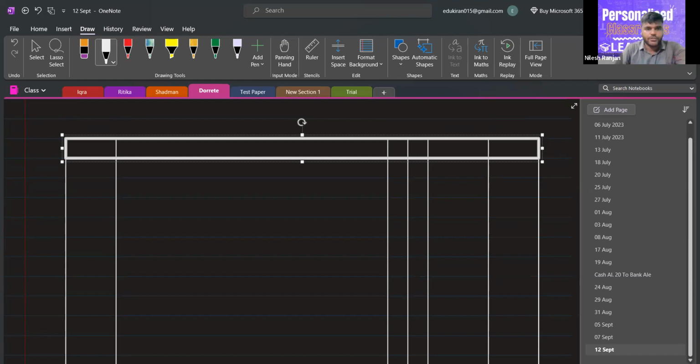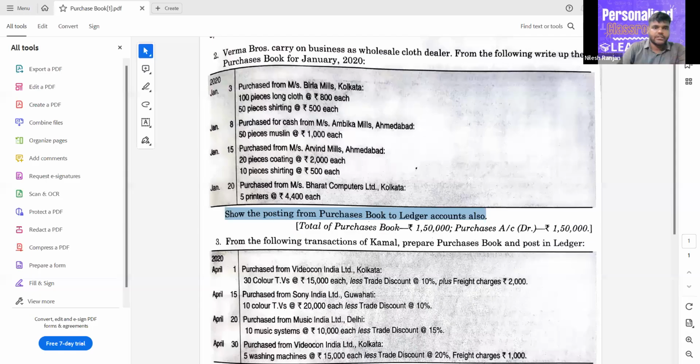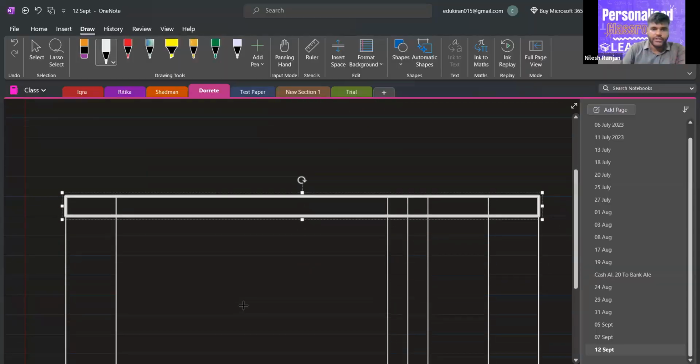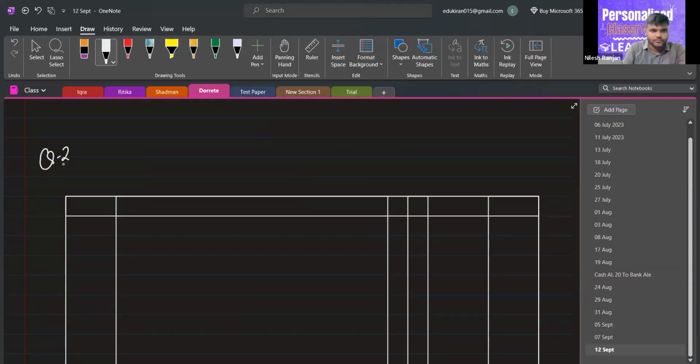So first of all, we have to write the name of the company, and then you have to write purchase book.